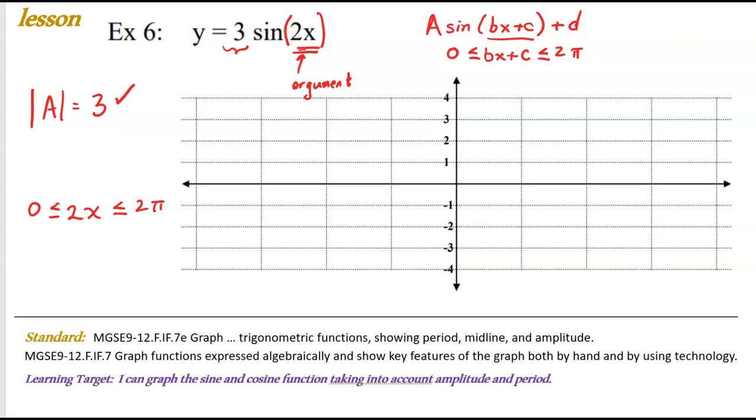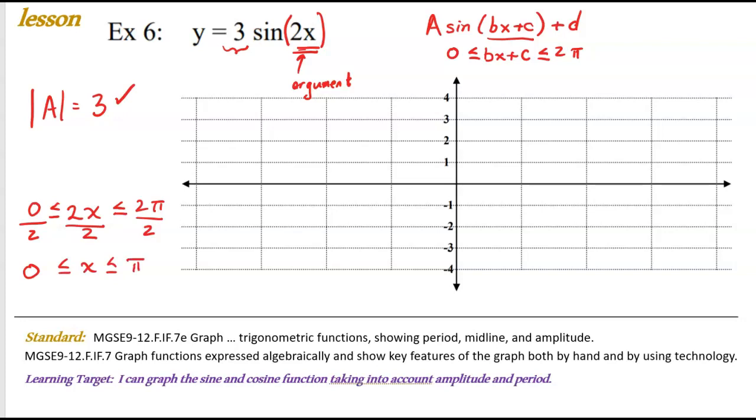So my hope is that you've solved complex inequalities in the past, but if you haven't, it's just like solving 2 inequalities at the same time. So you're trying to get x by itself. So to get x by itself, you divide by 2. Whatever you do in the middle, you have to do in the margins. So you divide all of the values by 2, and now you have 0 is less than or equal to x is less than or equal to pi.